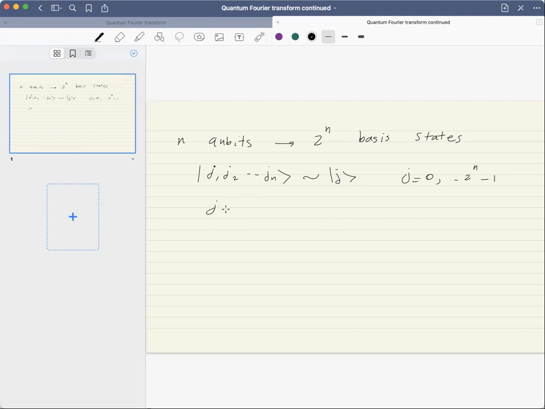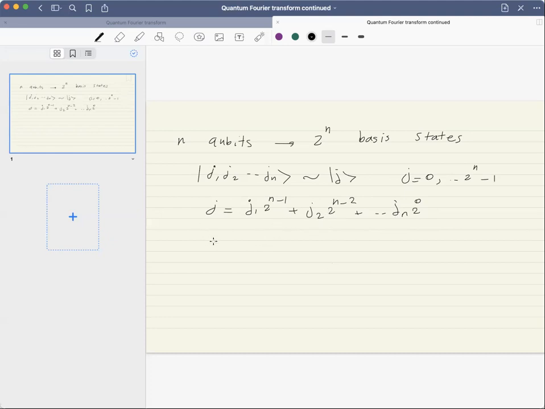So again, J would be J1 times 2 to the n minus 1 plus J2 times 2 to the n minus 2 plus all the way up to Jn times 2 to the 0. So from 0 to n minus 1, we have J terms.